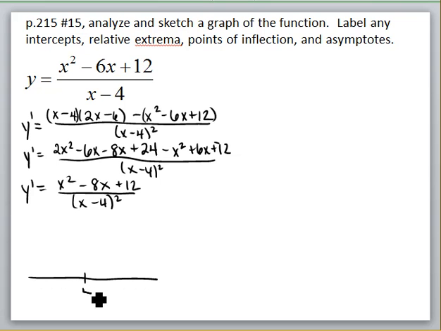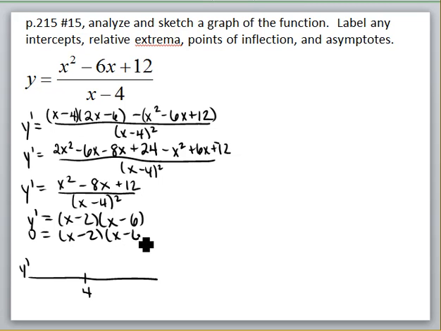So I'll go ahead and start my first derivative test line right here. On the top, I can factor into x minus 2, x minus 6. So that means when I set this equal to 0, my other two critical numbers will be 6 and 2.